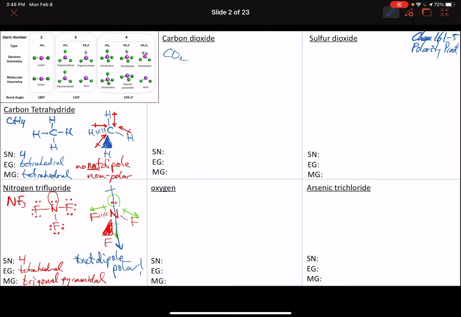Okay, moving on, carbon dioxide, CO2. So here we're dealing with 6 times 2, 12 plus 4, 16 valence electrons for the structure, carbon, oxygen, oxygen. Okay, so there we've used 8 and 8.